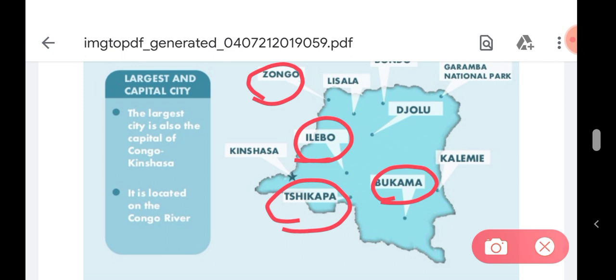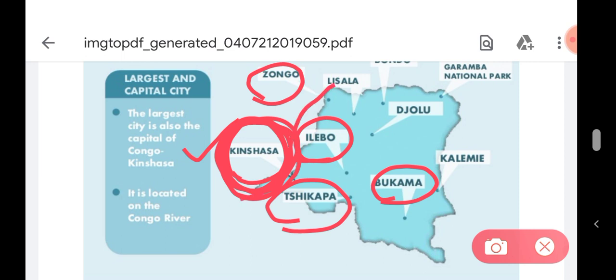These are the cities of Congo, and the main city is Kinshasa, that is the largest city. The largest city is also the capital of Congo, that is Kinshasa. It is located on the Congo river.